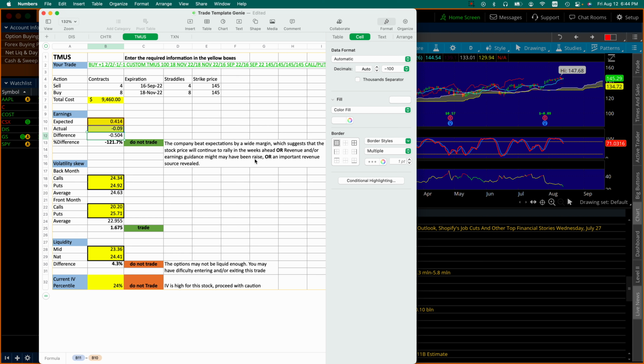The earnings guidance may have been raised, and this company did that, so that's why, even though it's negative, it was a good earnings report overall, and that's why the stock went up, and it caused the analysts to raise their guidance themselves.